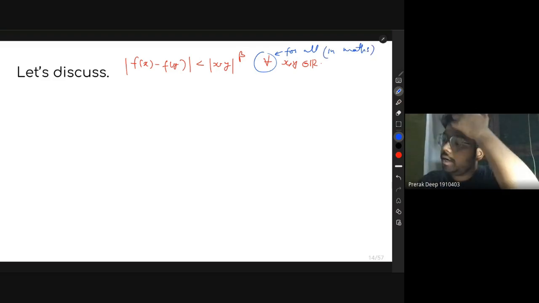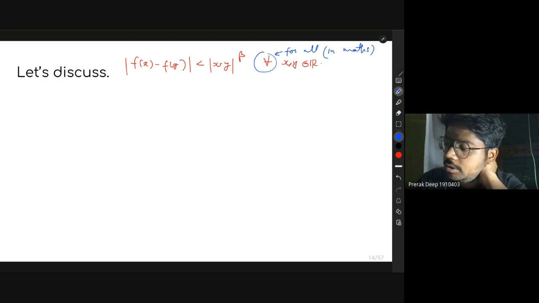Okay, so whenever you want to write for all, you just draw this symbol.